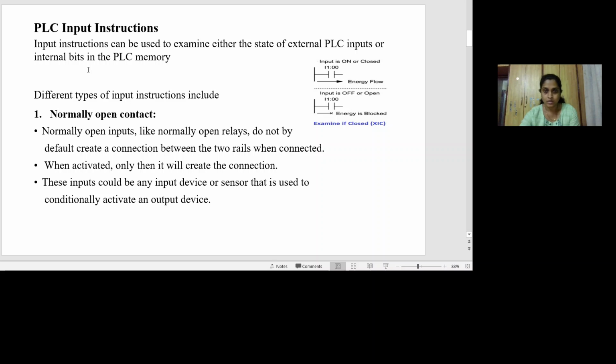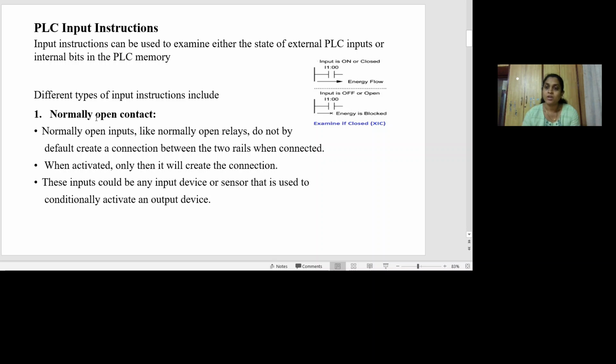Here, there are five different types of input instructions available, which you can use for programming the PLCs. These input instructions can be used to examine the state of the external PLC inputs.